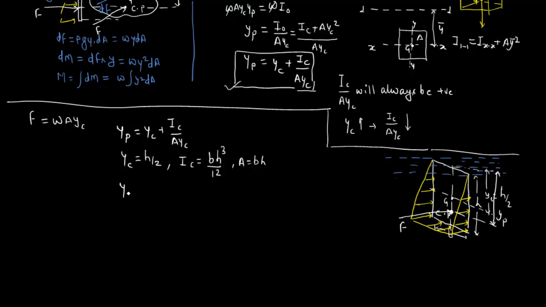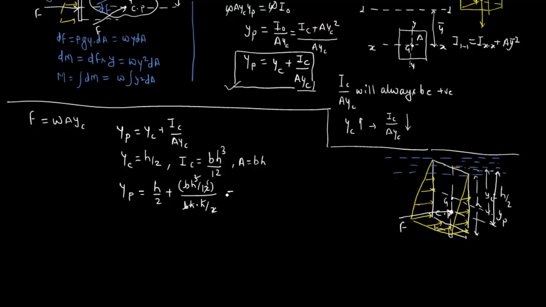So yp will be equal to yc, which is h by 2, plus Ic, which is bh cube by 12, and the area is bh and yc is h by 2. Okay, so here b cancels out, h square cancels, only h is there, and this is 6 here.